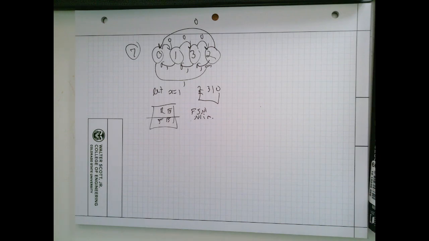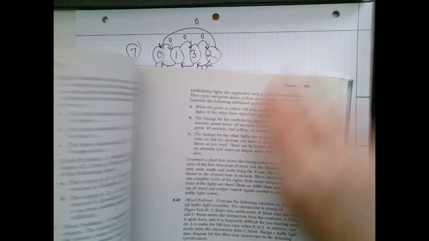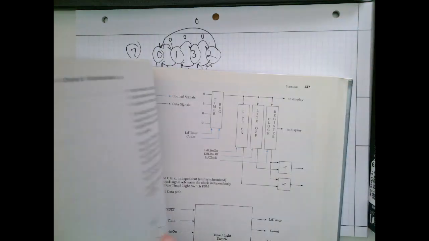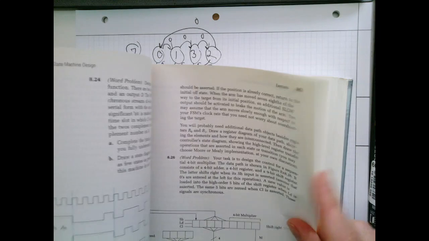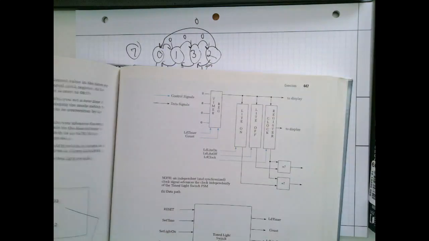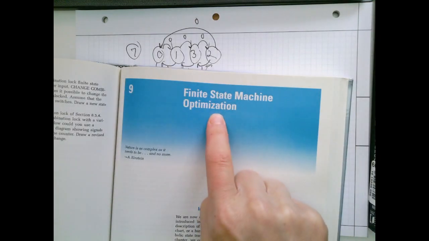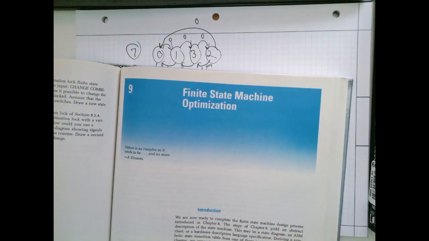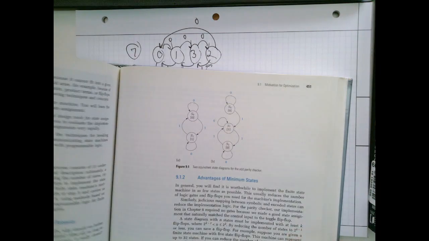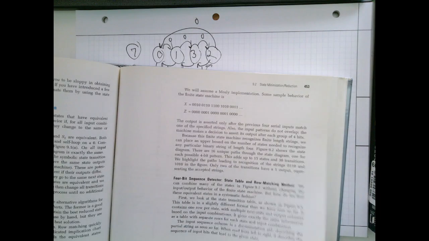And so what you want to do is you want to read about row reduction. So this is a question that will come up in homework number, well, let's see, chapter number 9. Known as finite state machine optimization, we're trying to reduce the number of states in the machine to keep it from being unnecessarily complex.